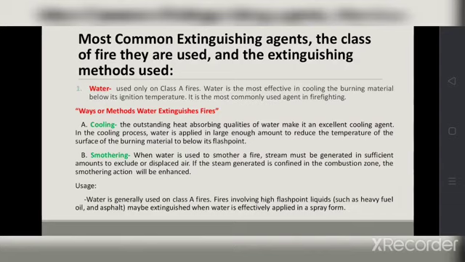Next is smothering. In the smothering method, water is also applicable. When water is used to smother a fire, steam must be generated in sufficient amounts to exclude or displace air. If the steam generated is confined in the combustion zone, the smothering action will be enhanced.